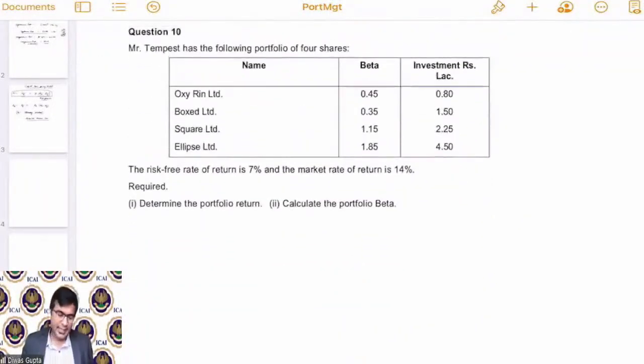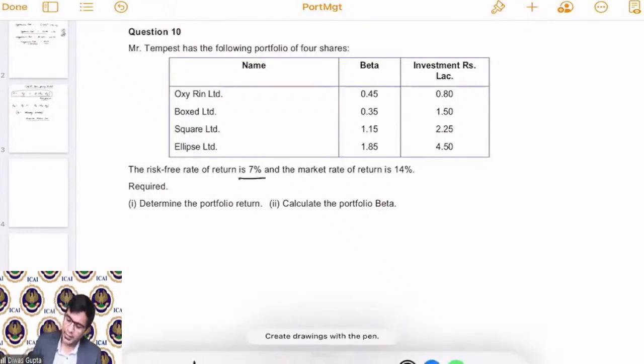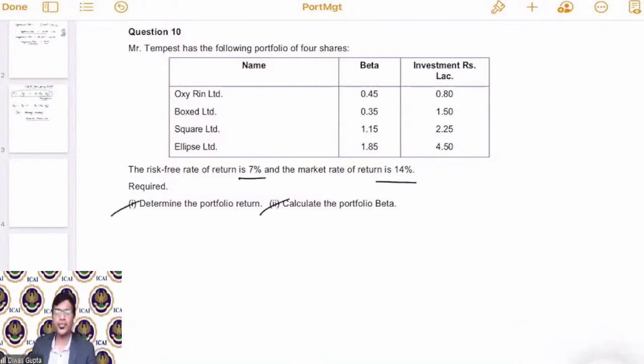So question number 10 says, Mr. Tempest has the following four shares: Oxyrin, Boxed, Square, and Ellipse. For all of them, the beta is given and investment is also given. That means the proportion of how much they are invested is given. The risk-free return is 7 and the market return is 14. Determine the portfolio return and calculate the portfolio beta. Very, very, very easy question.